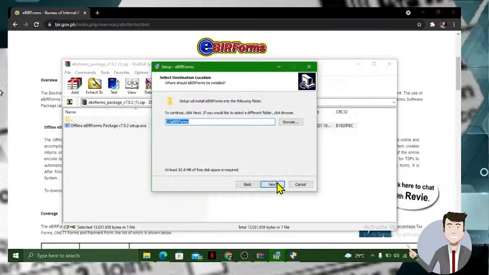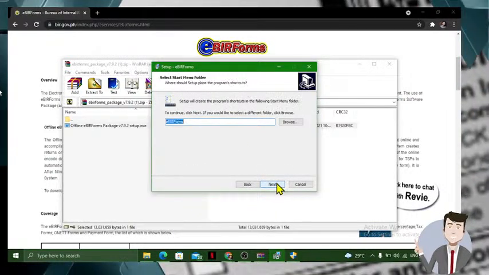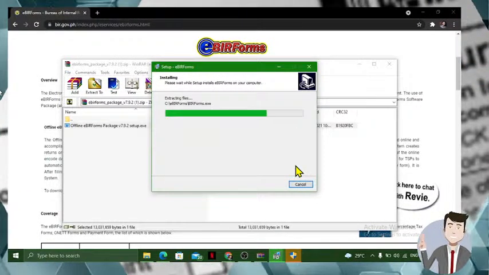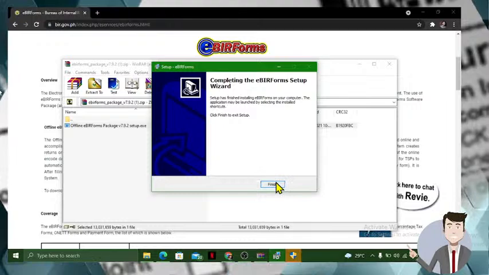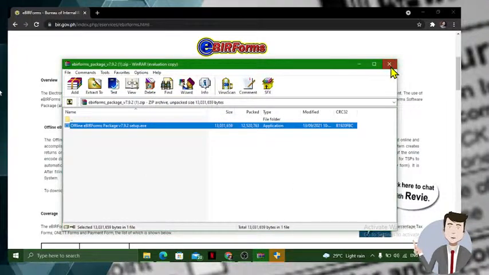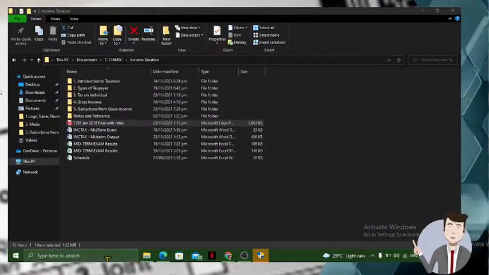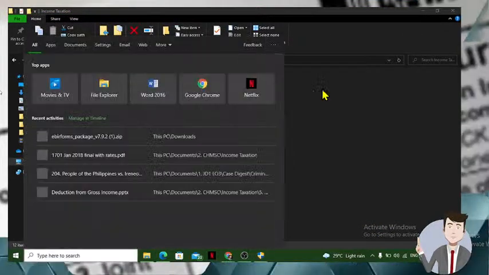Okay, just follow the installation. Okay, finish. We're through. So we have to check in our computer the installed system.